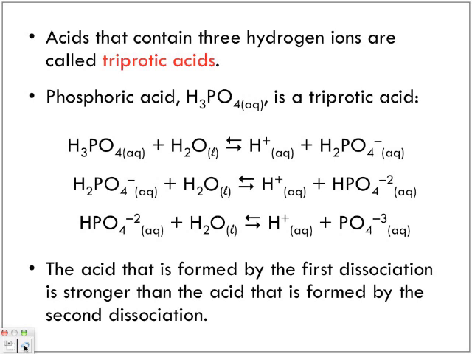The acid formed by the first dissociation is stronger than the acid formed by the second and then by the third. The third is the weakest acid. The first dissociation is always the one more likely to happen, and the others are usually reversible.